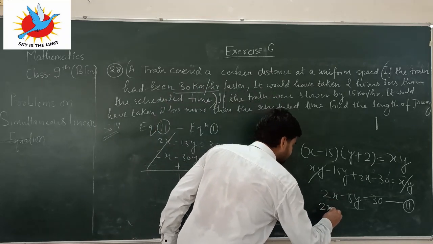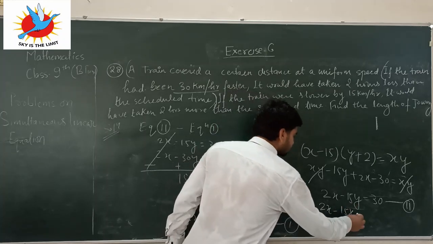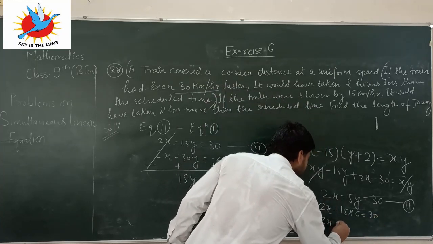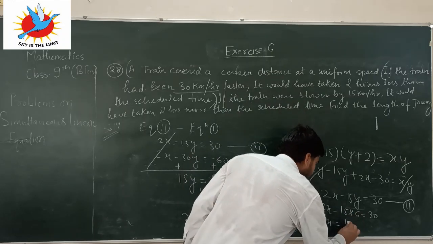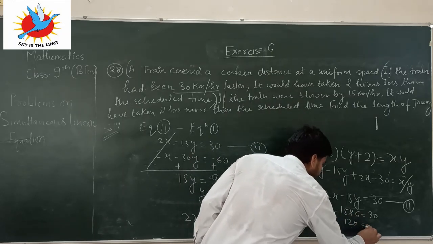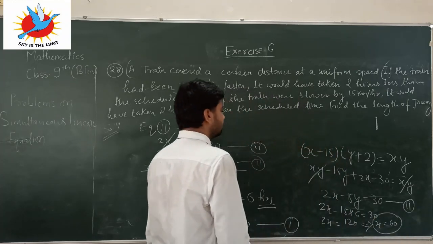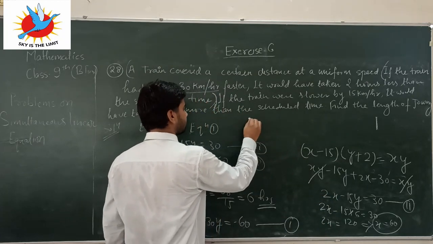We will get 2x minus 15 into 6 equal to 30. So 2x will be equal to 90 plus 30, which is 120. From here we will get the value of x as 60. So the speed of the train will be 60 kilometer per hour.